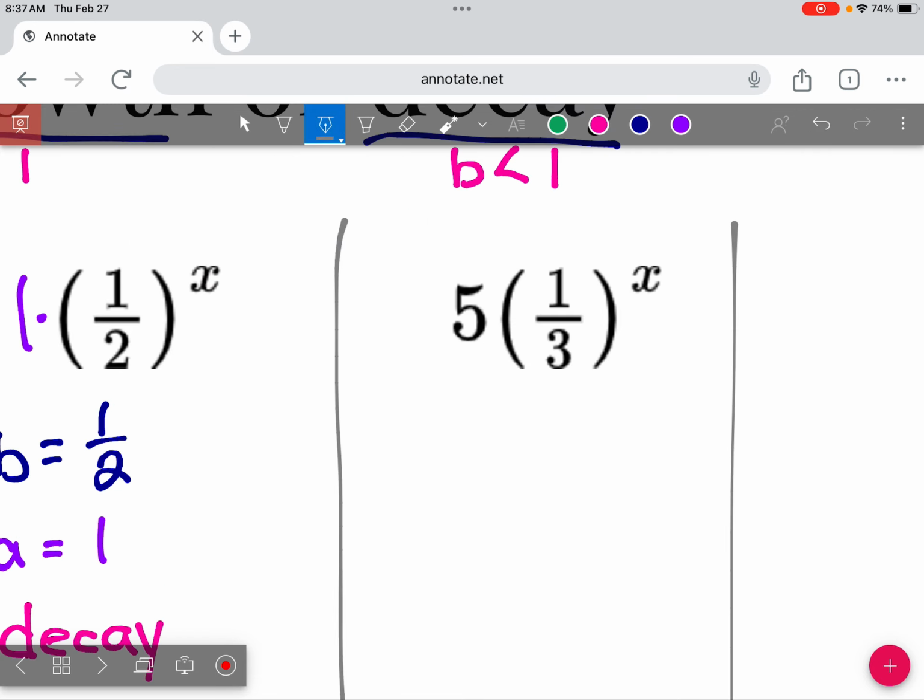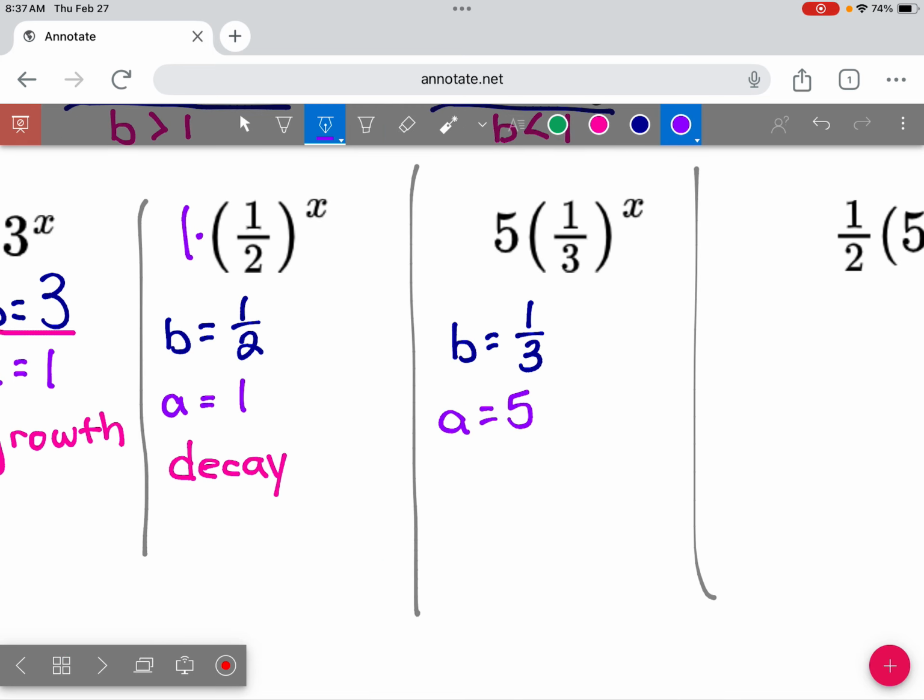So then they're going to get a little bit more busy over here. Same vibe, though. We're going to find what's our base. We're going to find our starting amount. So our B and our A. What is my base on this one? 1/3. What's my A? My starting amount? 5. Our initial value. So is this one growth or decay?